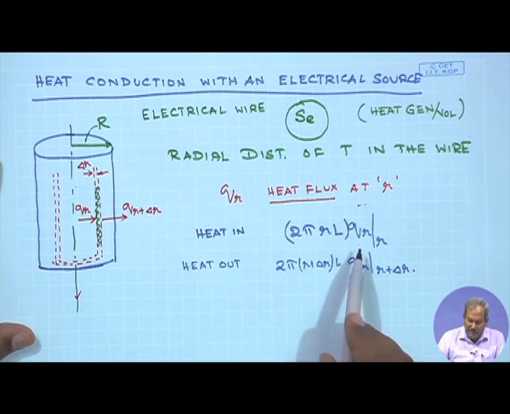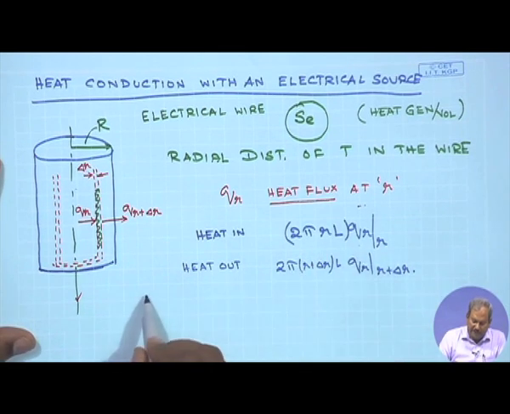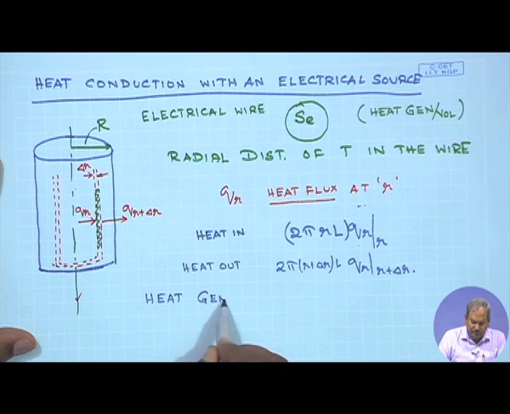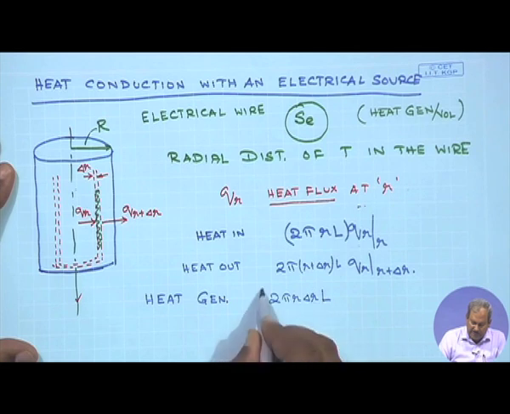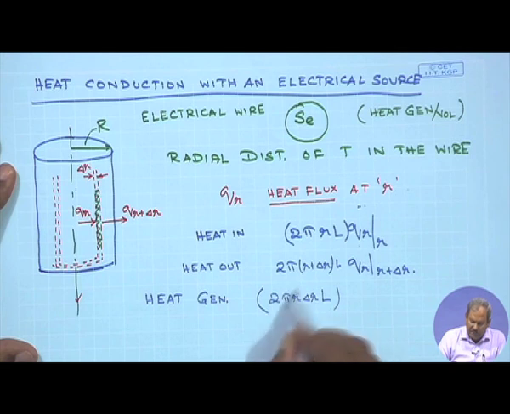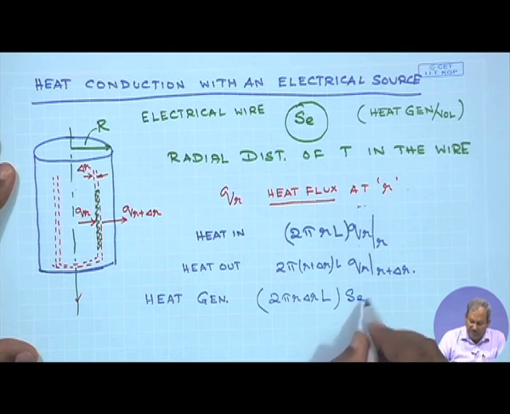So, look at the similarity to the shell momentum balance that we have done previously. The heat generated would simply be equal to the volume, which is twice pi R delta R times L. This is essentially the volume of the control volume that we have chosen. So this has units of meter cube, multiplied by S E, which is heat generated per unit volume.